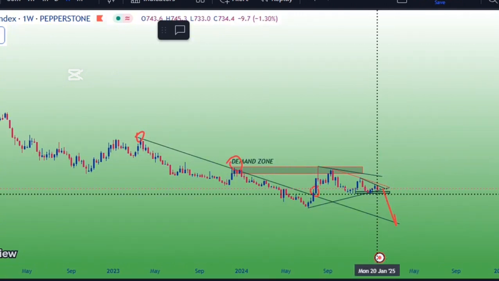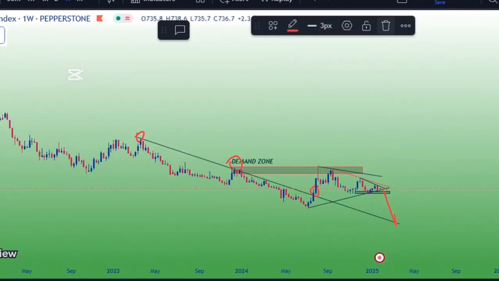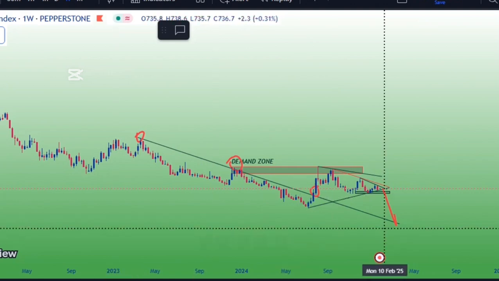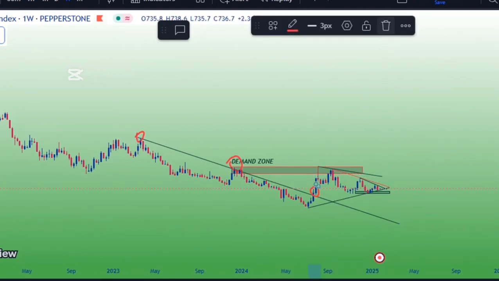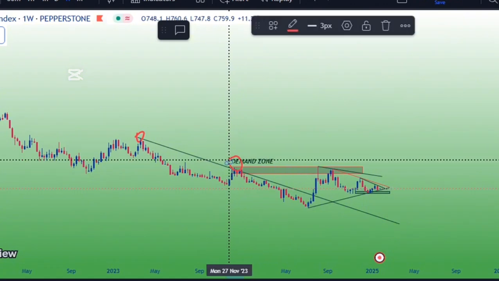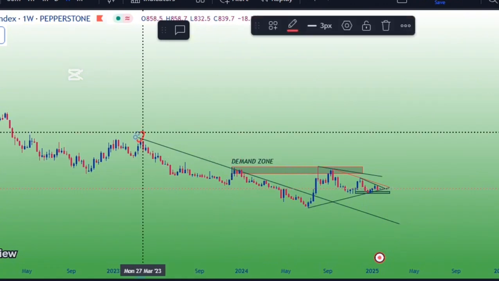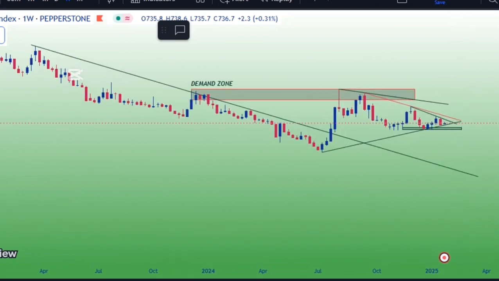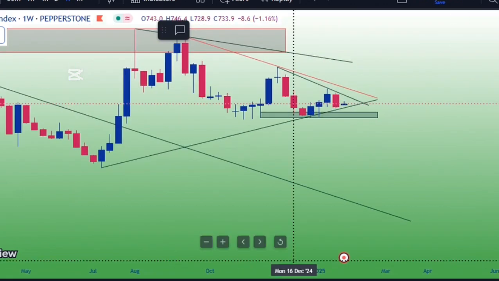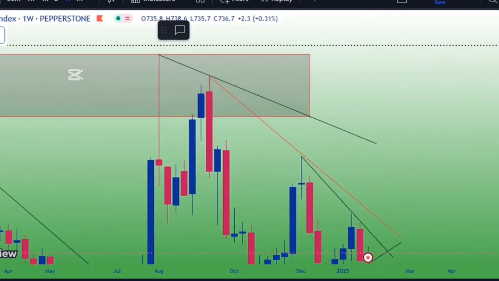So let me go to the 4 hour. I would love to go to the 4 hour, then after the 4 hour, we'll close for the day. So this is the 4 hour. This is what's happening on the 4 hour. The 4 hour will still have some kind of space here.